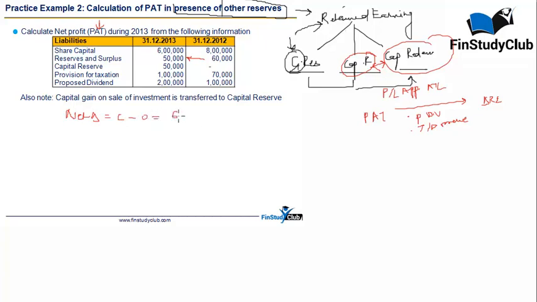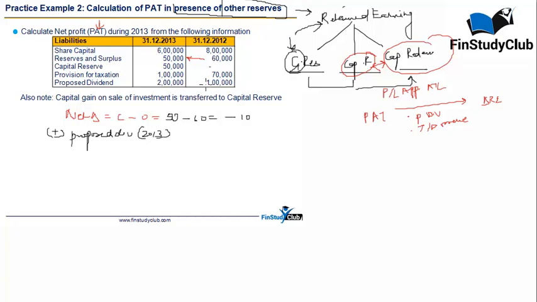Look at that carefully: 50 minus 60, my apologies, that's an error I also got into. Be very careful with that. Closing is 50, opening is 60, therefore the net delta is negative. To that you add the proposed dividend during the year, which means 2013.